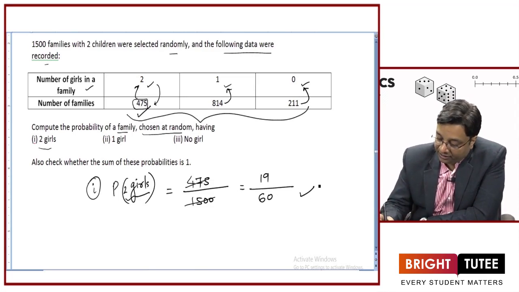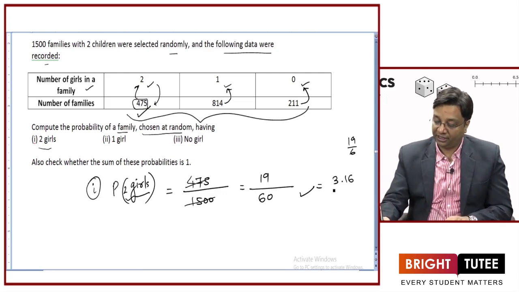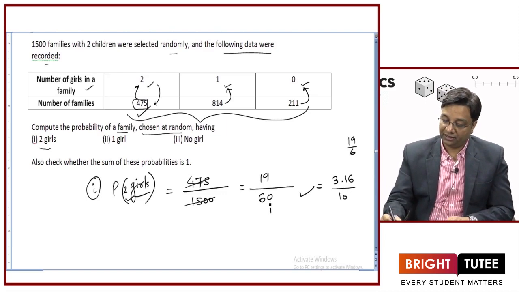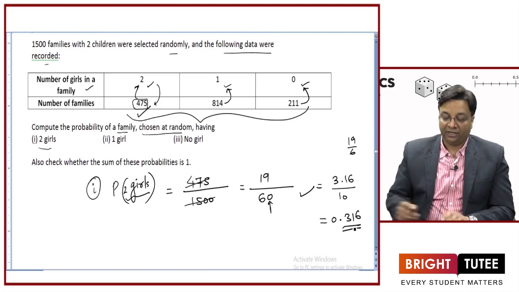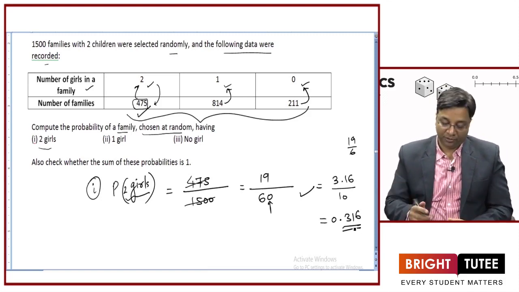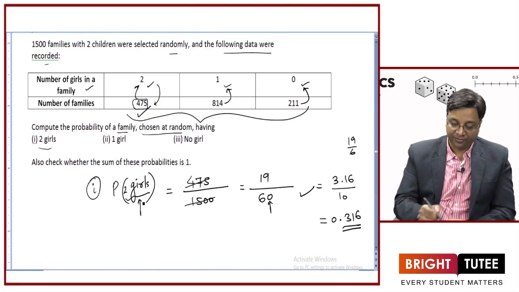Now we can write it in decimal form also. When I divide 19 by 6, 6 3s are 18, and then 6 1s are 6, so 3.16, right? Then you divide it by 10 because there is a 0 here. So 0.316 is the approximate answer for the probability that a family chosen at random will have 2 girls.